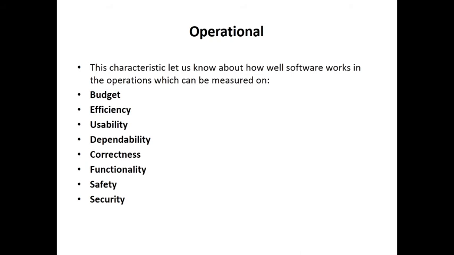It must work efficiently, right? Efficiency is important, utilizing the resources in a limited way and giving you the maximum output in that. Then usability, I told you, is user friendly. Users are able to use it properly. Dependability, we have done this. Correctness, all the requirements must be correctly implemented.